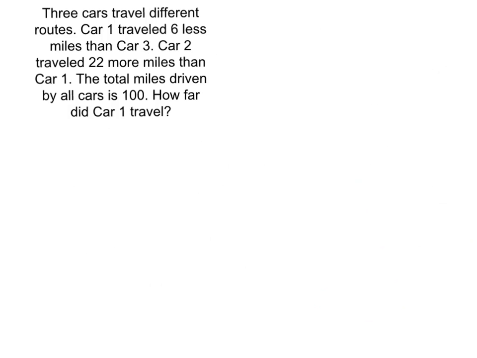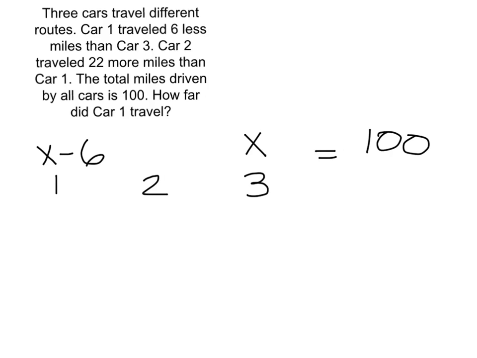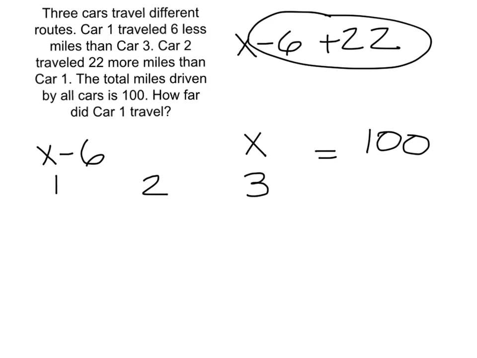For the solution, we have 3 cars, 1, 2, and 3. They traveled 100 miles. Your reference will be X for 3, and car 1 traveled 6 less miles than car 3. Car 2 traveled 22 more miles than car 1. So you simplify -6 plus 22 to get plus 16. X plus 16.